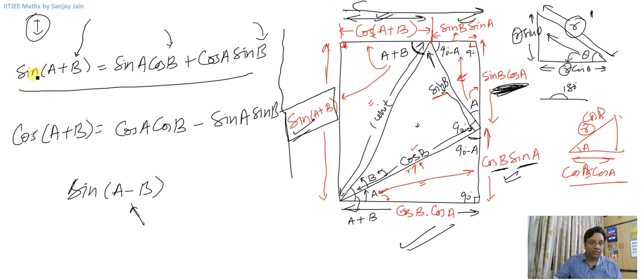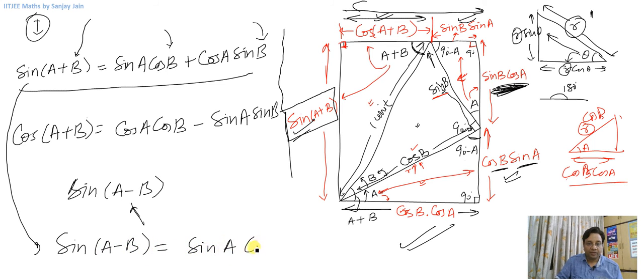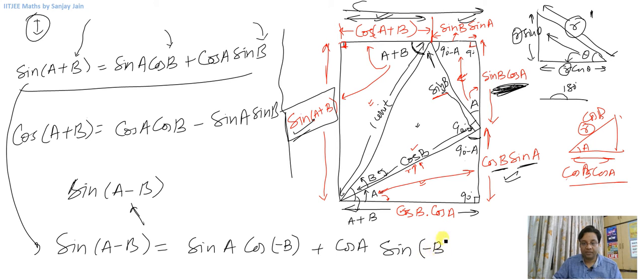So using this fact, let me write it here. Sine A minus B will be equal to sine A cos, now I'll replace B with minus B here, okay? Then plus cos A sine of, I'll again replace that B with minus B. So minus B here.